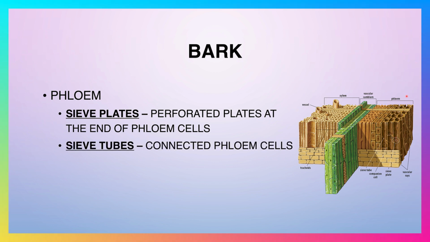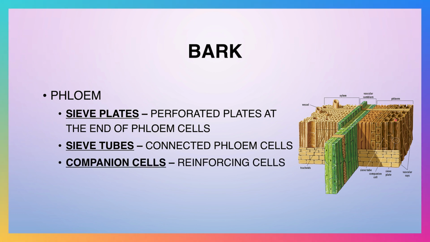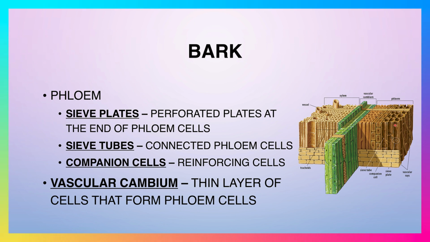And connecting the phloem cells are the sieve tubes, which allow for the fluid to flow up and down the stem. And then the reinforcing area, right in here, these areas are called companion cells. So the vascular cambium is this inner part in this area right here. The vascular cambium is what eventually forms the phloem cells.